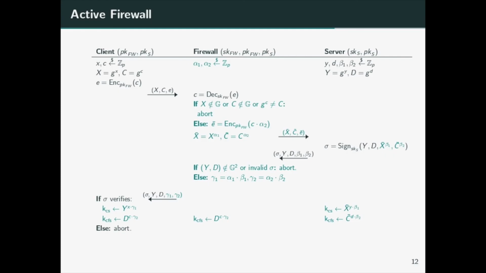This time, the firewall will actually check that what is received is correct and will then compute two new randoms, which are the multiplication of its randoms and the server's randoms. We see that the message that is sent by the firewall to the client is actually different from what was done before, because these randoms do not just correspond to what the server sent.